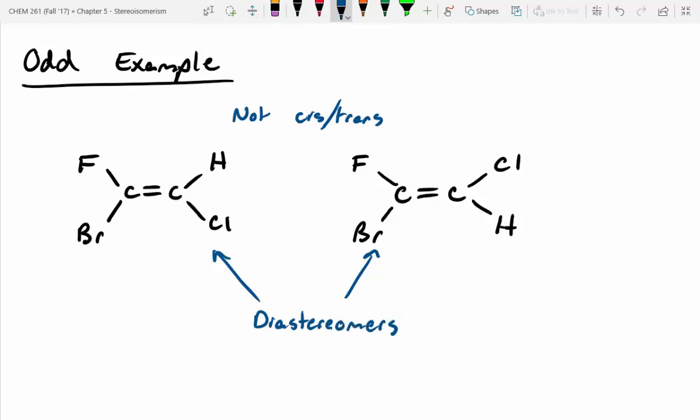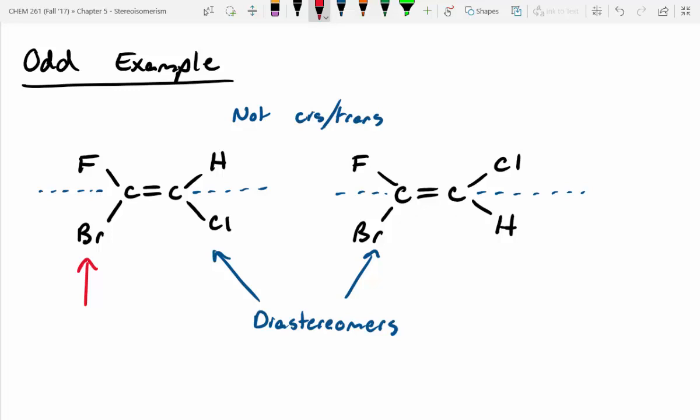However, we can't use cis or trans to differentiate the one on the left to the one on the right. So we actually have to come up with a new naming convention to be able to distinguish these. In cases where you don't have cis or trans, you have to name them differently. So I'll show you guys how you do that. And again, all I'm going to do is cut these with an imaginary line down the double bond. And what I want you to do is focus on this left-hand side, right? Which is a higher priority substituent, bromine or fluorine?